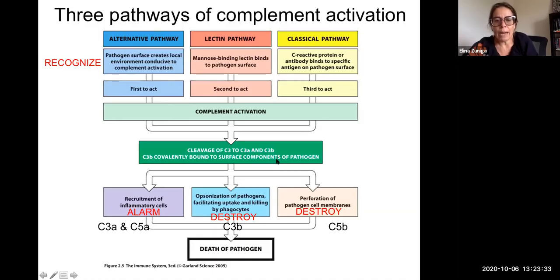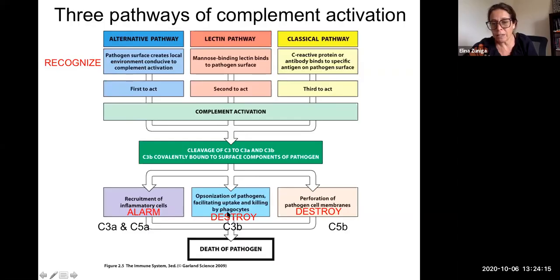And so these products will lead to the recruitment of inflammatory cells, and so alarming the rest of the body, or at least neighboring cells, that there is a presence of the pathogen. This is induced by C3a together with C5a, as we will learn, and will also result in the opsonization of pathogens, facilitating uptake and killing by phagocytes like macrophages.